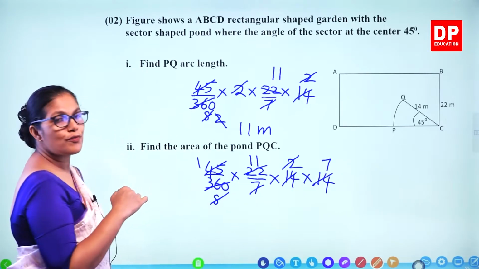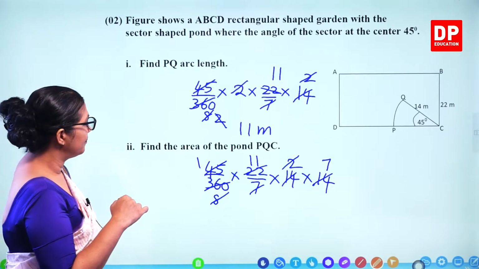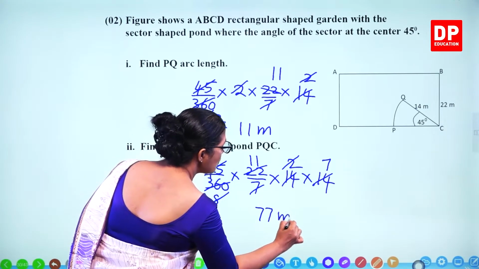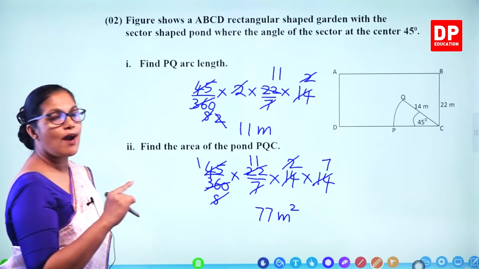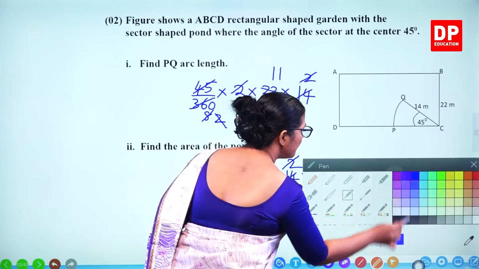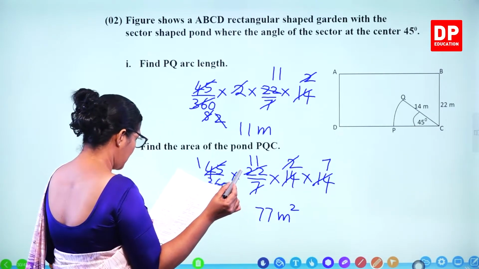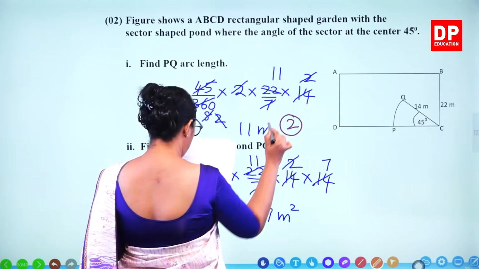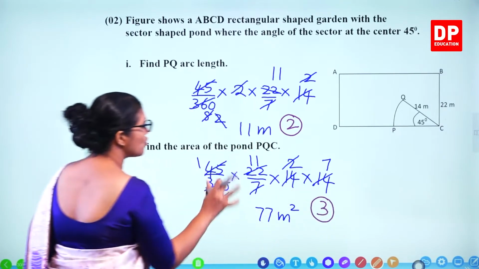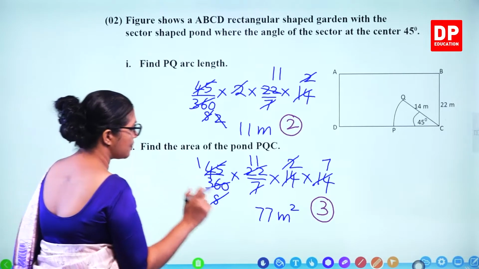You can cross out with this 8. So 11 times 7, 77 square meters is the area of the sector. So how many marks for these 2 steps? You get 2 marks for this answer, 77, just 3 marks. So 5 marks altogether for these 2 steps.